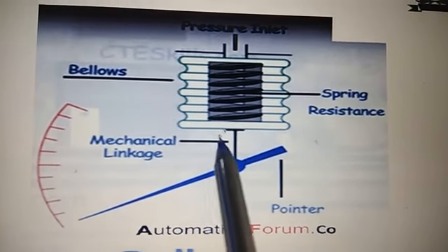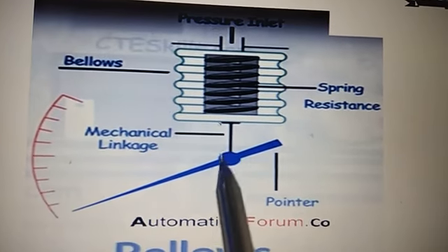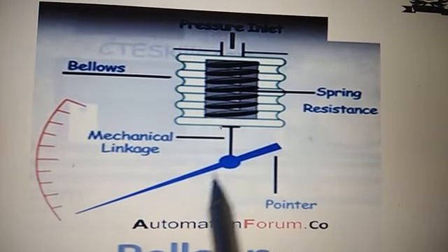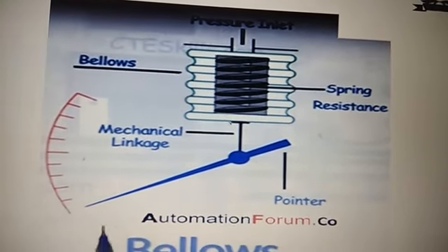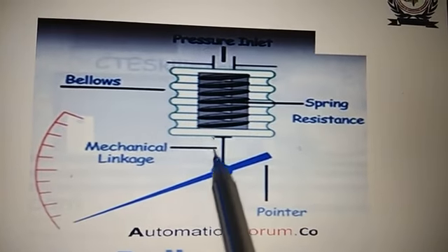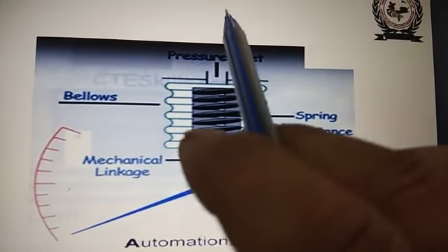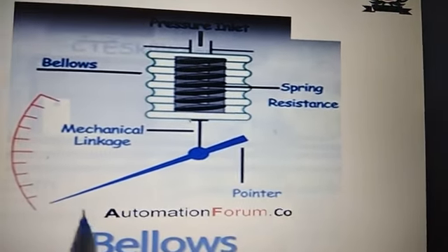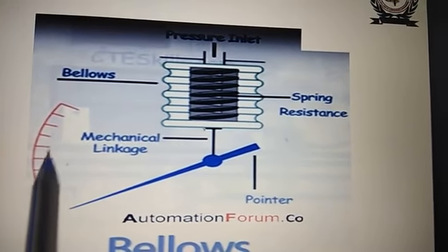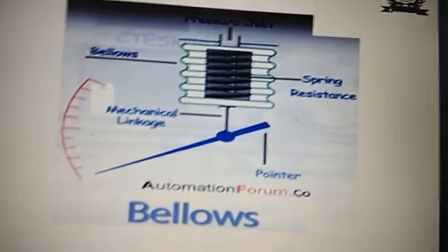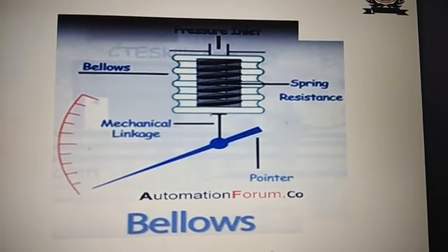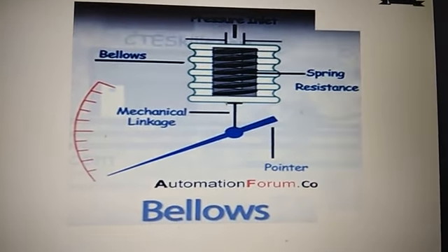Accordingly, a mechanical linkage is connected to this needle, and the needle will move. If the pressure comes out, the needle will go up. If the pressure goes in, the needle will go down, and this is calibrated. So you will get the reading over this display. So these are the bellows.